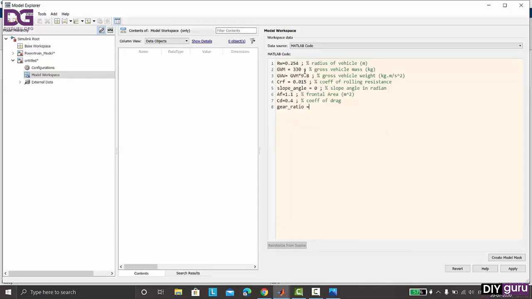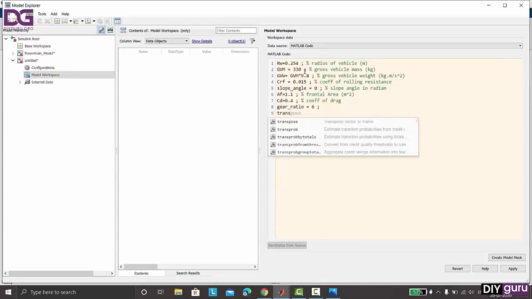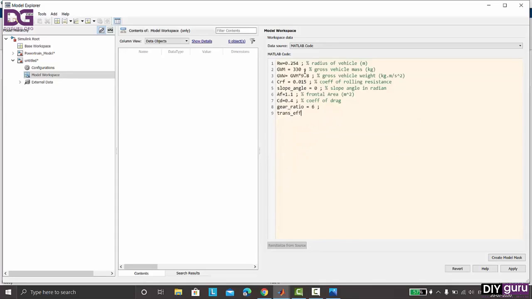Then the gear ratio, I am giving it as 6. Transmission efficiency is 90%, so 0.9. The motor efficiency, again 90%, that is 0.9. The motor controller efficiency is 0.95, that is 95%.